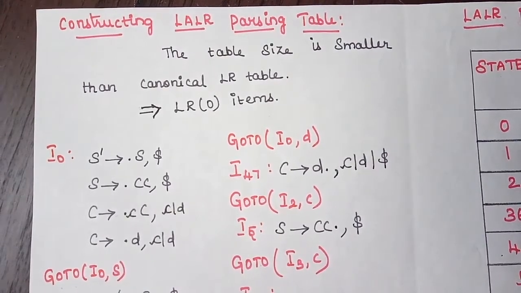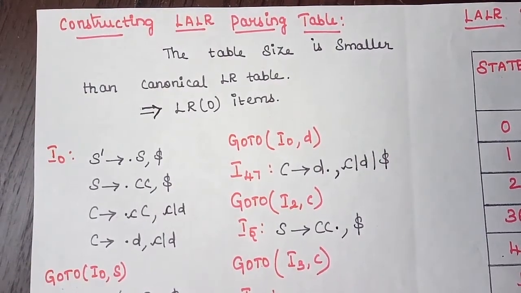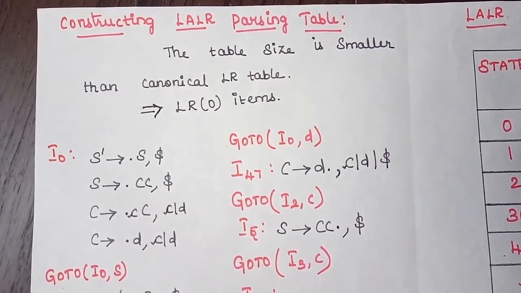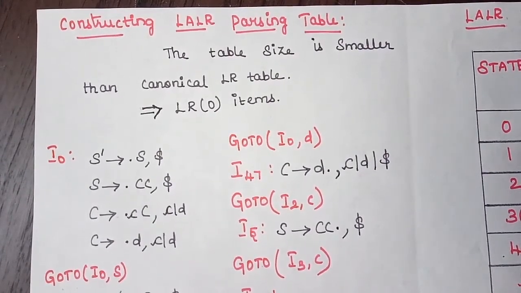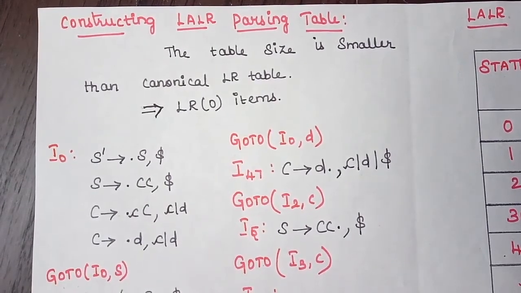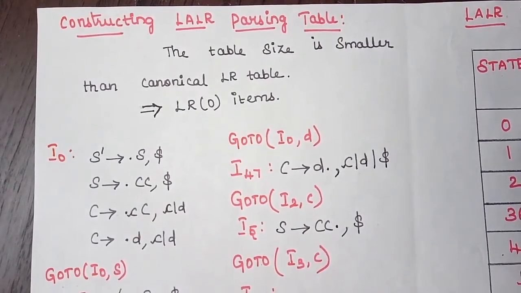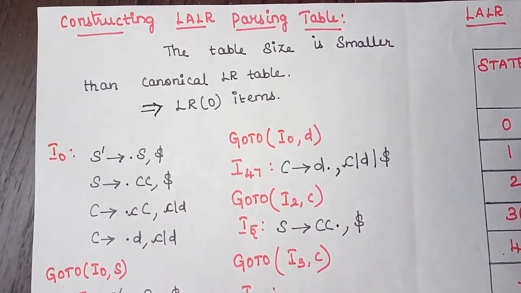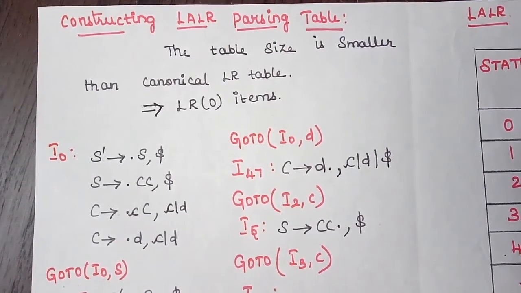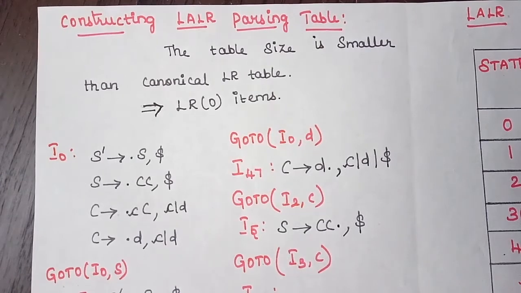This method is often used in practice because the tables obtained by this method are considerably smaller than the canonical LR tables. So this method is used for most of the common syntactic constructs of programming languages.